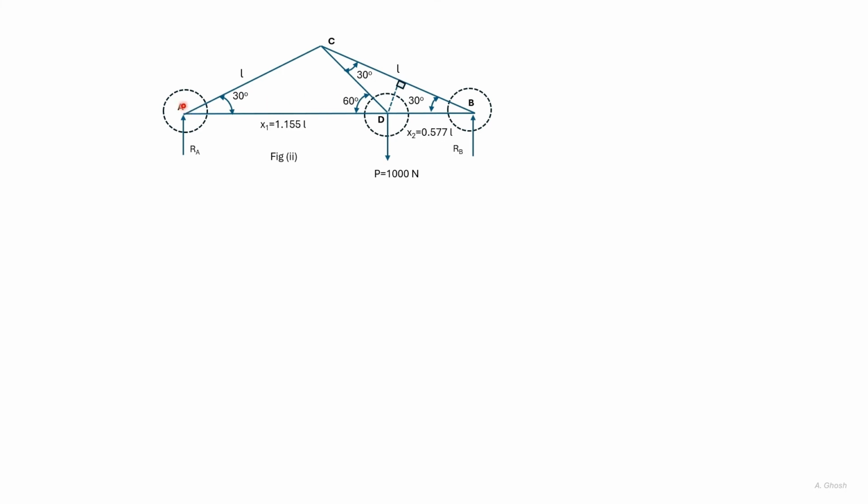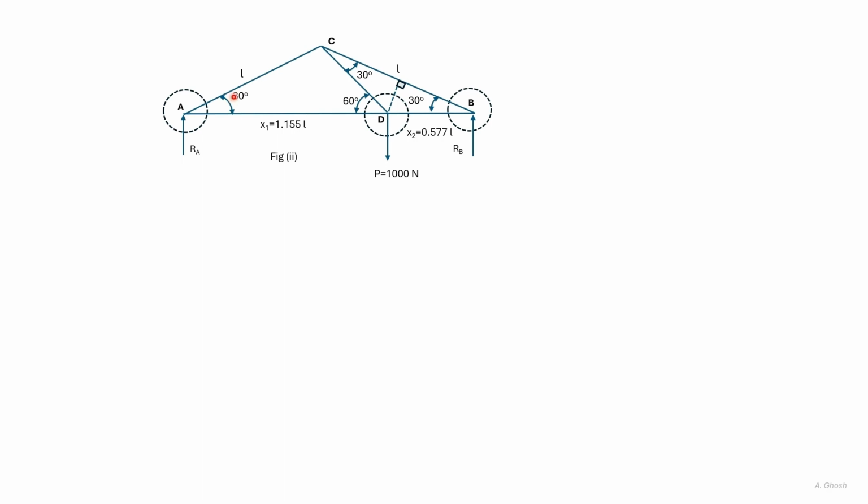The angle ACB is 120 degrees, so the angle BCD is 30 degrees, which means that BDC is also an isosceles triangle. Let us denote AC as L, then CB is also L.